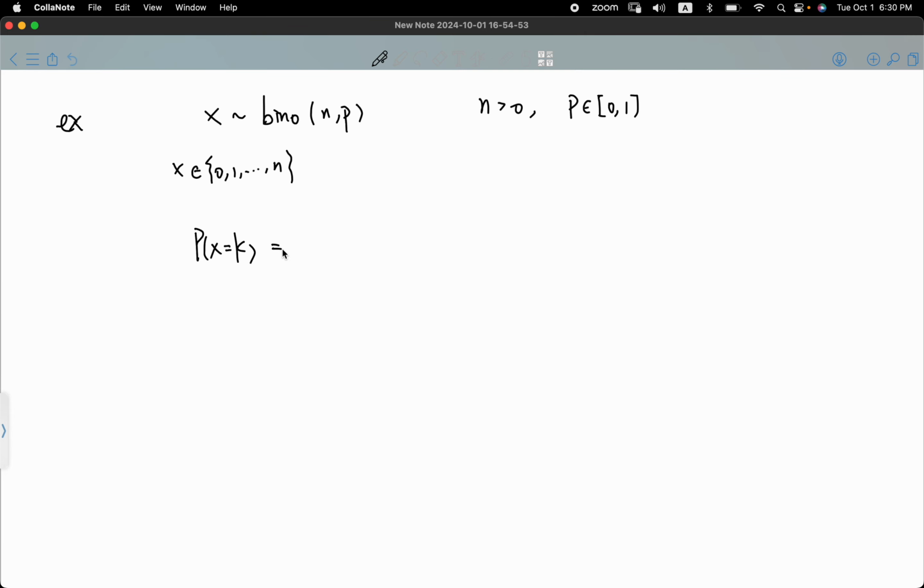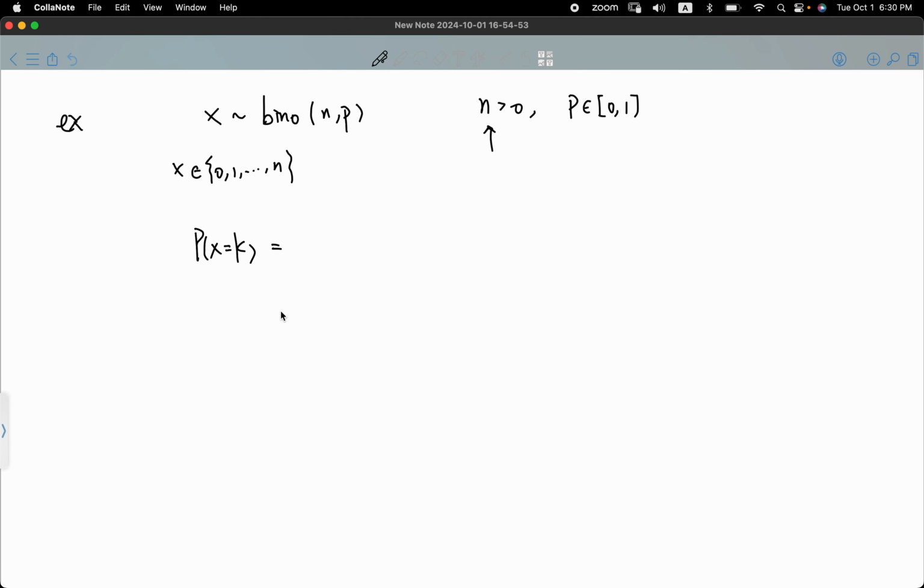Another way you can think about the binomial distribution is that you are doing a Bernoulli trial n times. A Bernoulli distribution is basically tossing a coin once. But the binomial distribution, as we mentioned earlier, refers to tossing a coin n times.